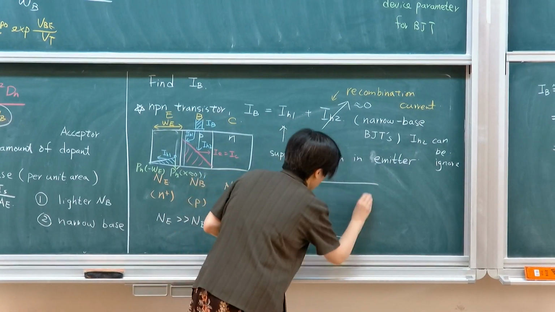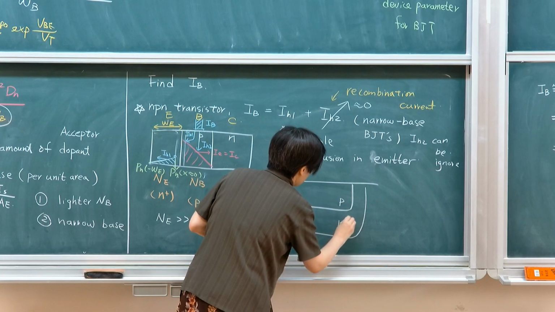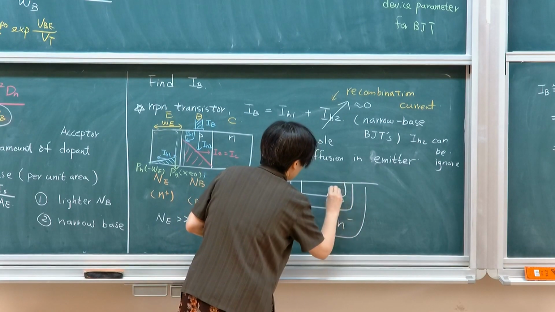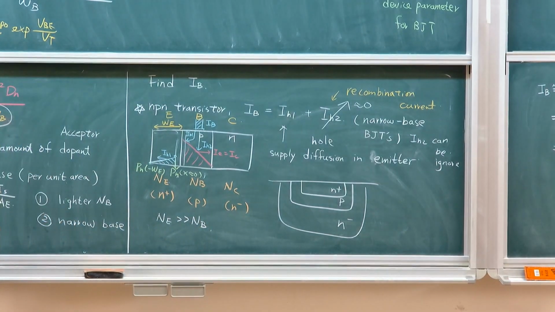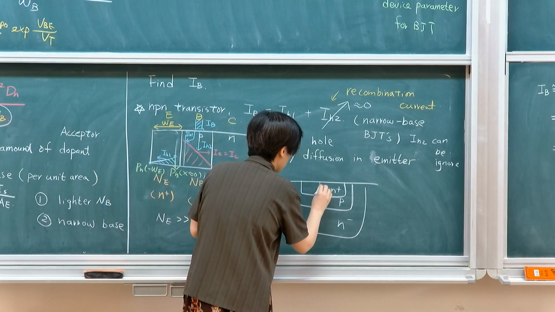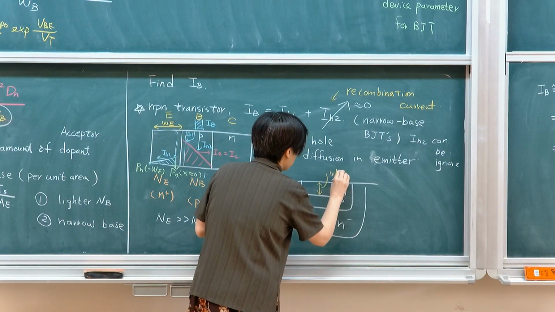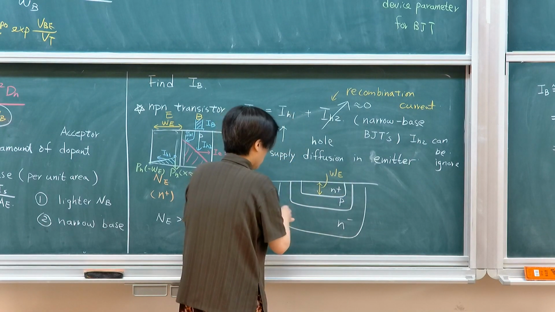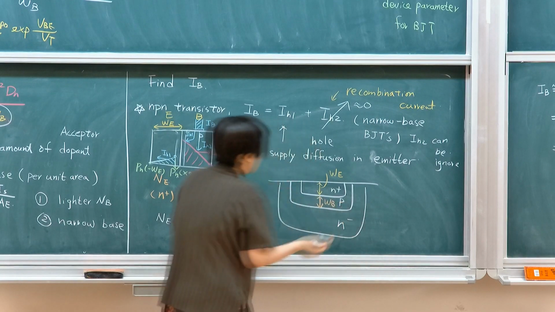So remember, I have collector N, a P, and an N plus, right? So the junction is sometimes referred to as the junction depth. So this would then define WE. The distance between two junctions would define WB.